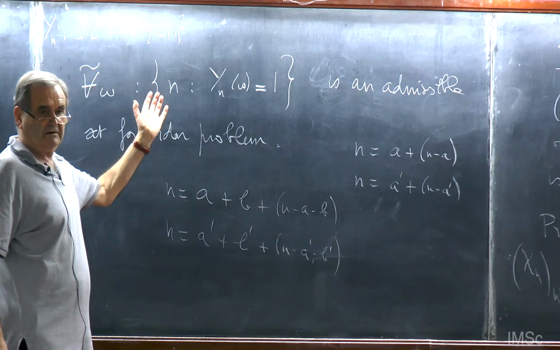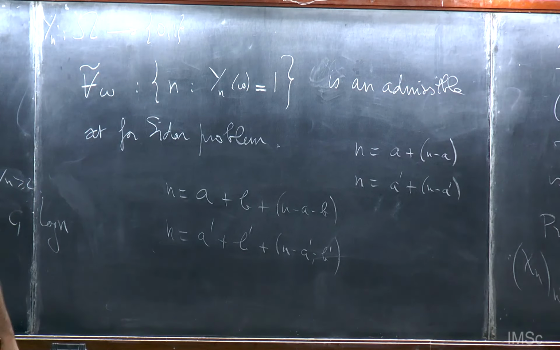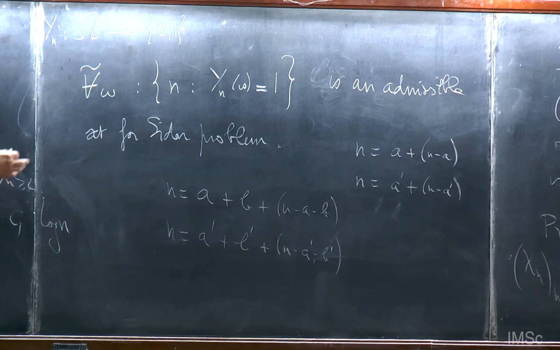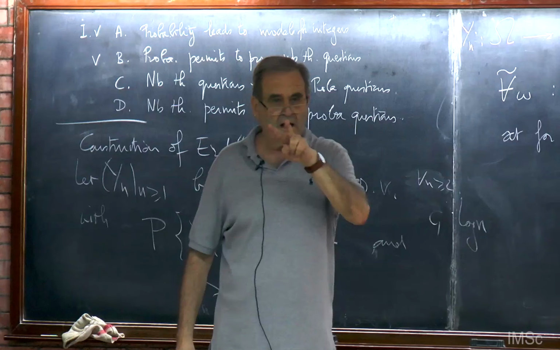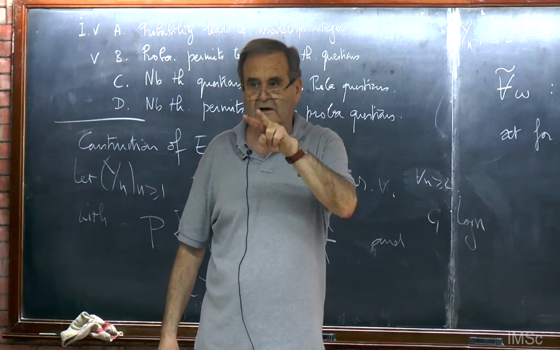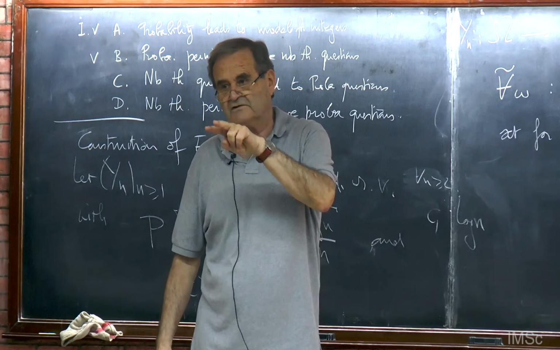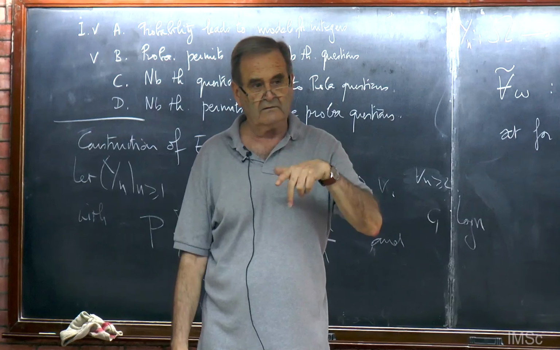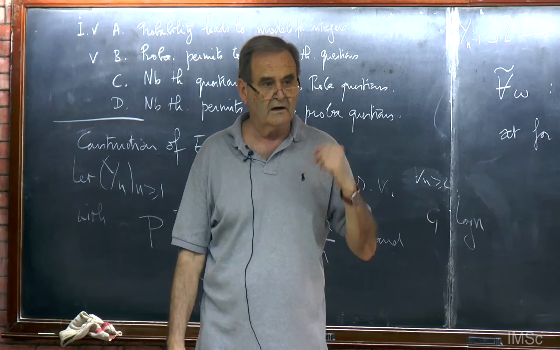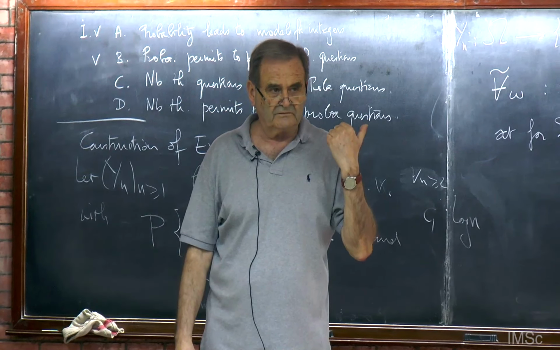Although the question is quite natural, is to say, okay, instead of saying in the question of Sidon, you want the sum of 2 terms, every integer is represented as a sum of 2 terms, but the number of representations is never too large. You can do it with 3 terms, the same question. Okay, and this was in the 50s, and it was only in the 90s that the generalization has been done. Why?